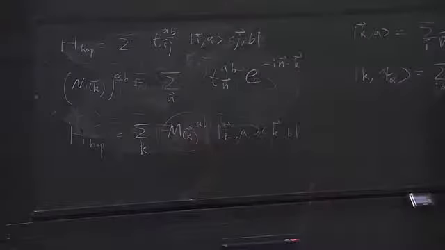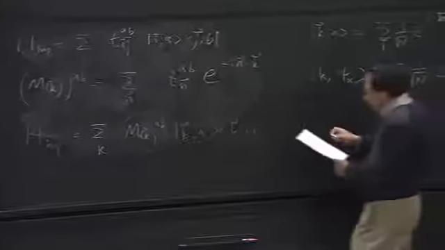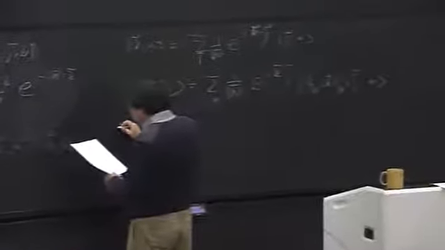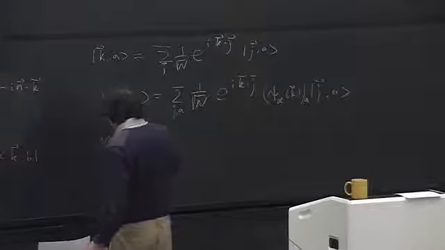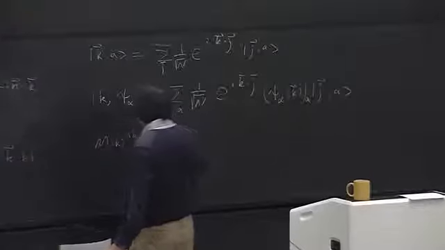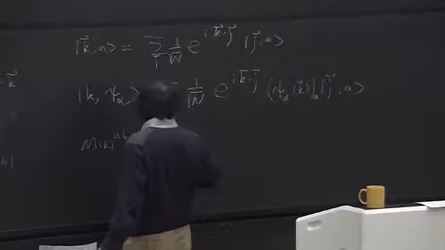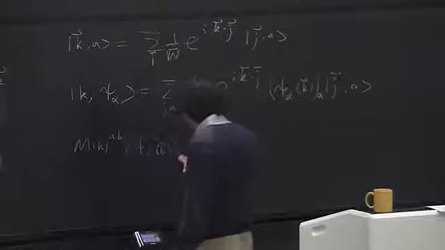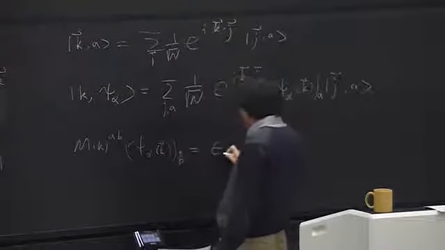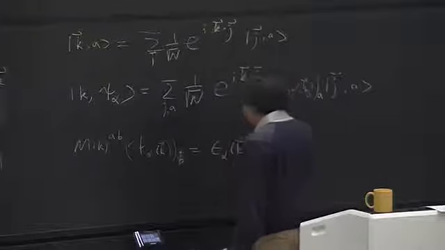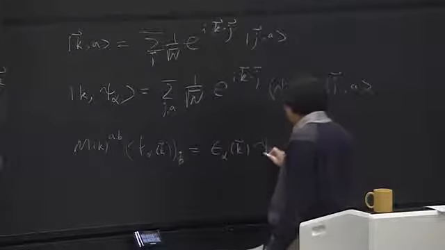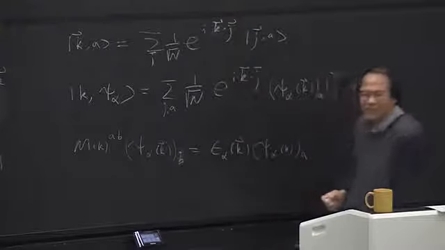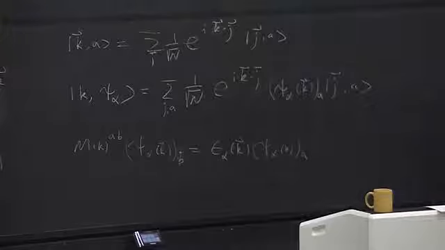This wave function has an A component. And the notation is that when you multiply M_k^AB with psi alpha k, with its B component, you get epsilon alpha k times psi alpha k with the A component. I'm sorry about all this messy notation.